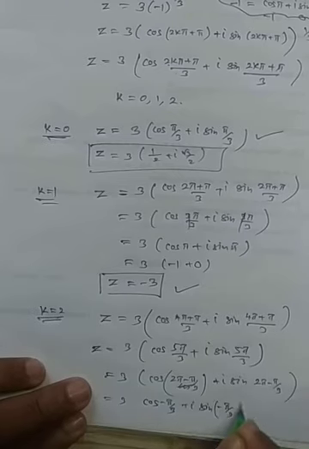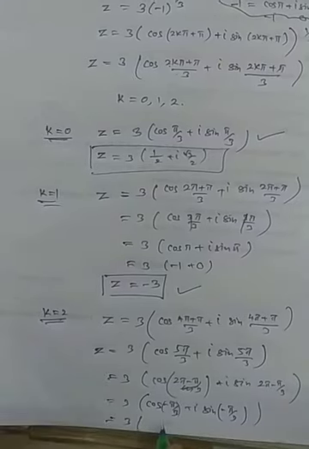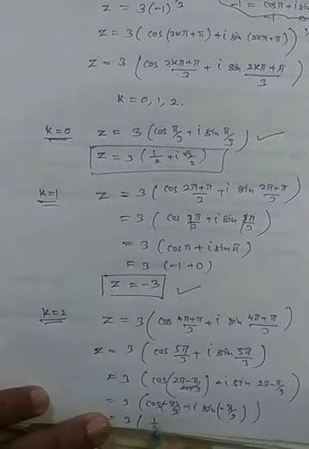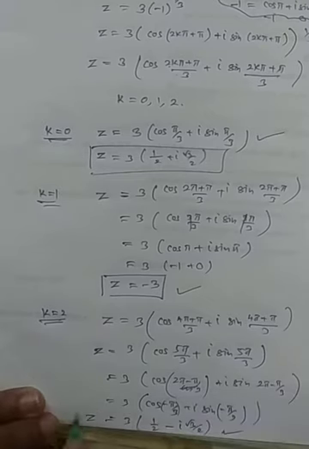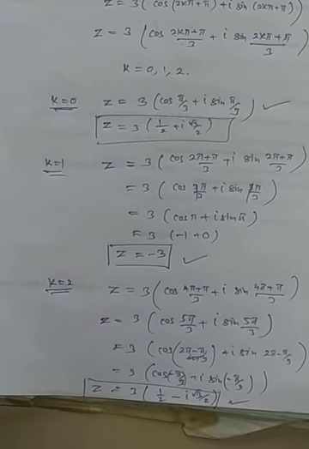Write that value as such. Cos of negative is positive only, so cos pi by 3 is 1 by 2. Here minus i root 3 by 2 will come. With this you can stop. That is the z value of the third one. Okay, it's visible.